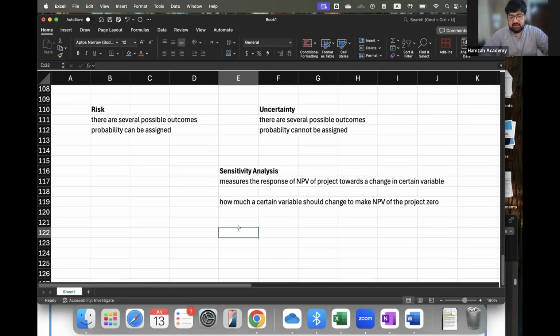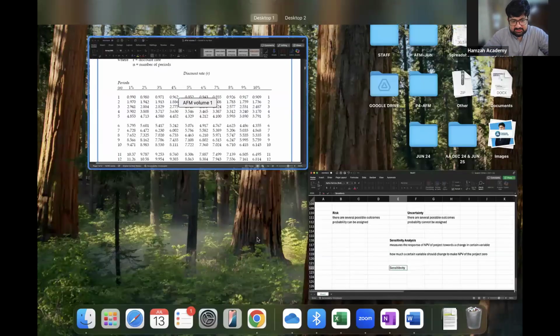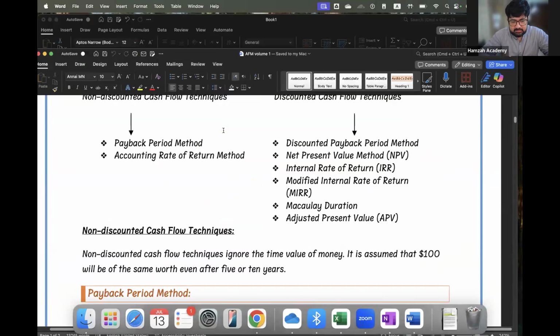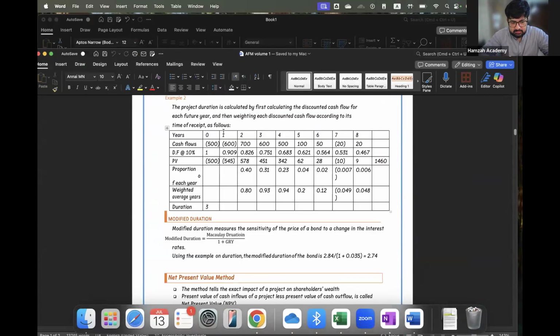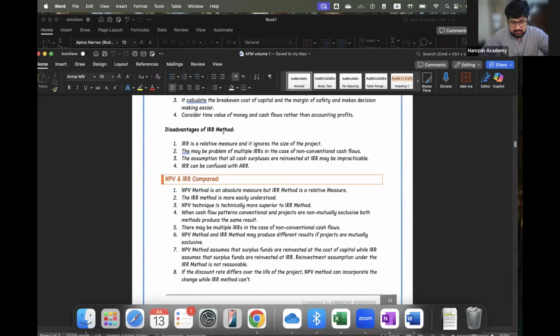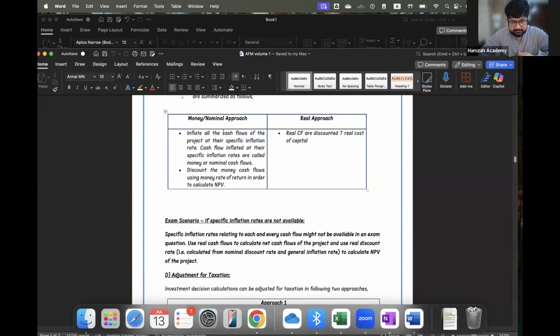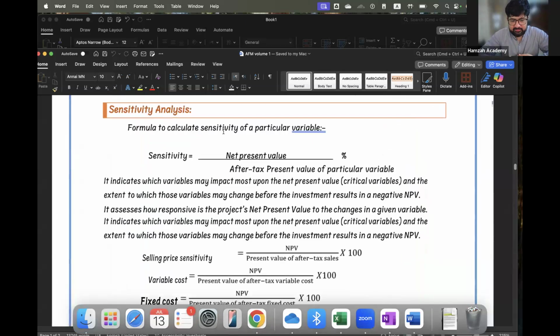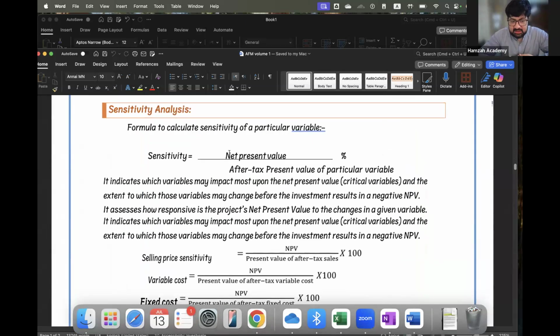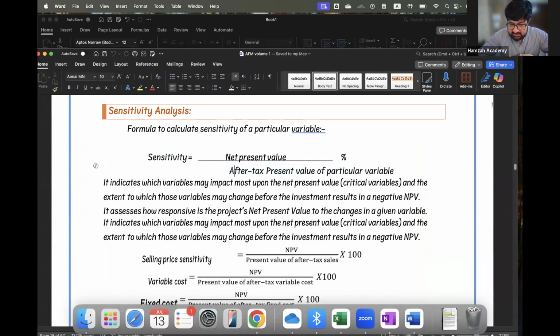Now, the point is how it is measured. So, sensitivity, let me open from notes as well. Yes, here it is. Sensitivity is NPV of a project divided by post-tax present value of the particular variable.